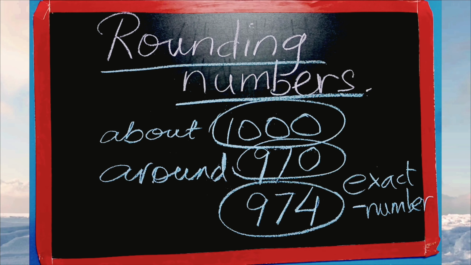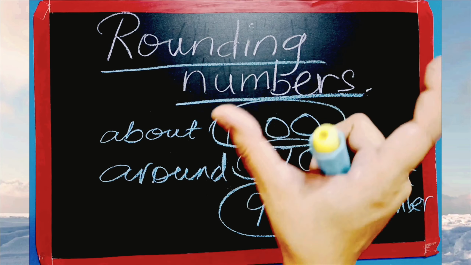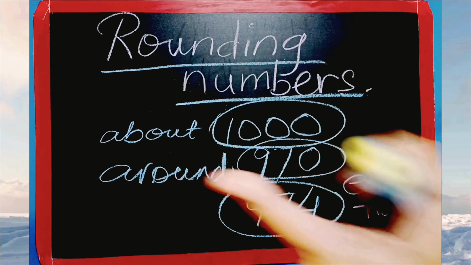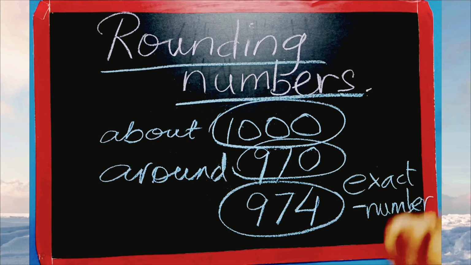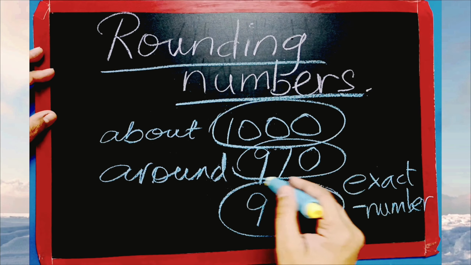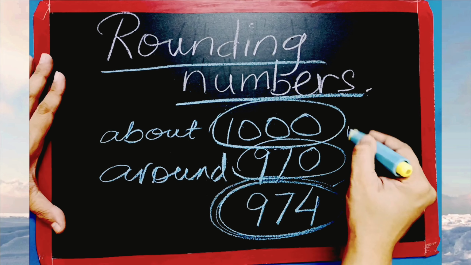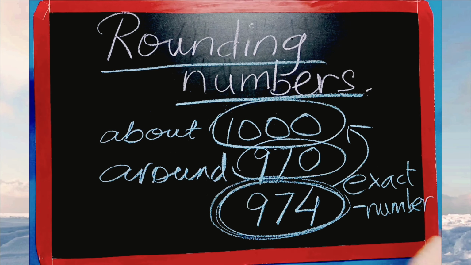Then I say no, I think it can be something like 1584 students. Or if someone asks for the exact value, then obviously I will give the exact value, that is 1523 students.